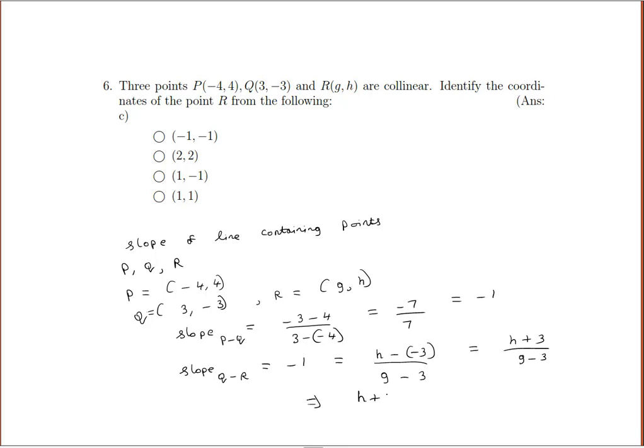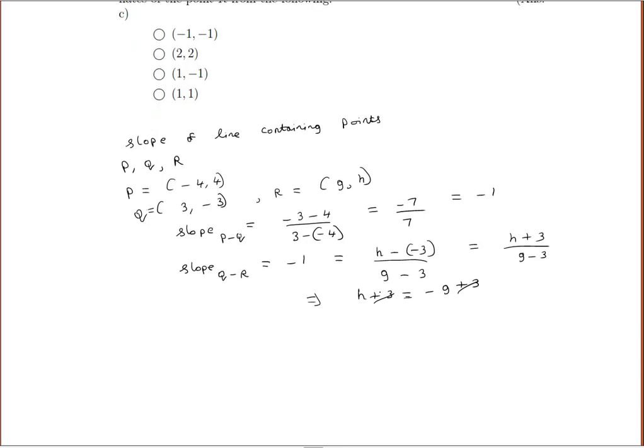So we get H plus 3 equals minus G plus 3. So 3 cancels on both sides. So we get the relationship H equal to minus G.